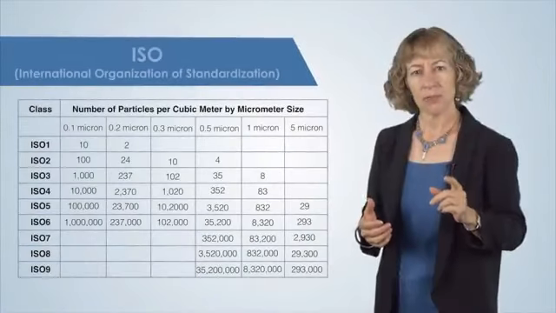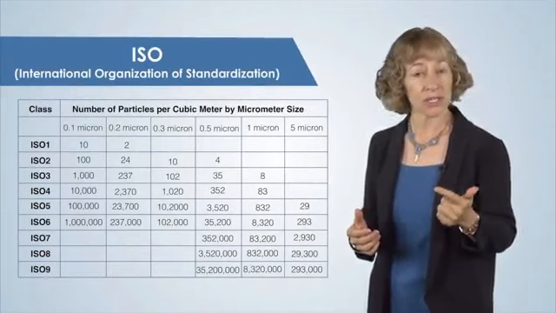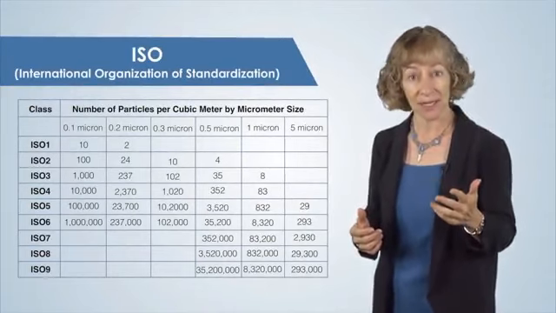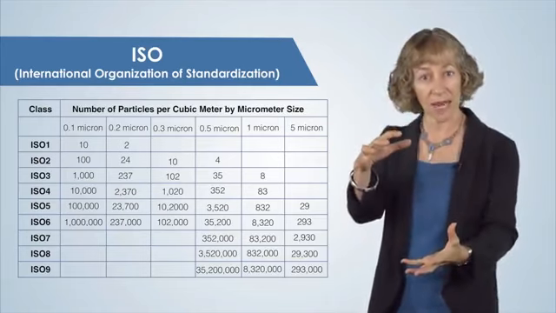But what exactly does a clean room mean? Clean rooms have a controlled level of airborne particle contamination per cubic meter at a specified particle size, as well as controlled temperature and humidity. Clean rooms have an ISO, or International Organization of Standardization rating, based upon the number of particles per cubic meter of air.